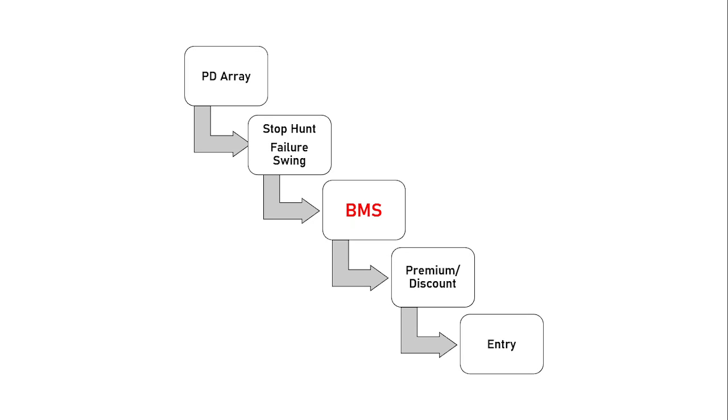And then we want to see a break in market structure, signified by a body close above or below the low, and on that leg we're going to get the entry at a discount or premium of that price leg, depending on whether we're bullish or bearish.